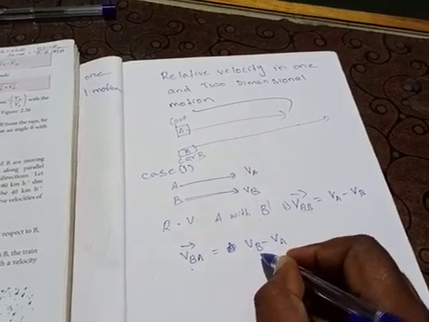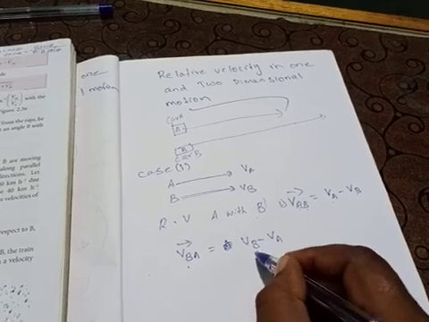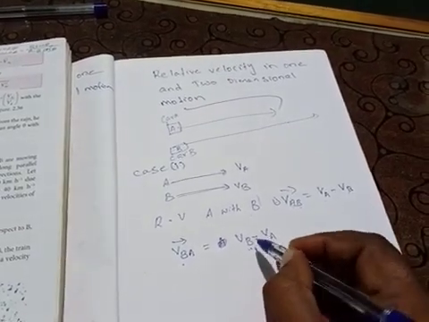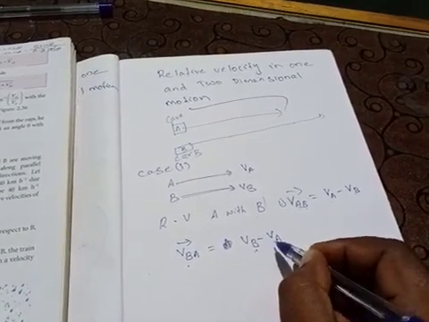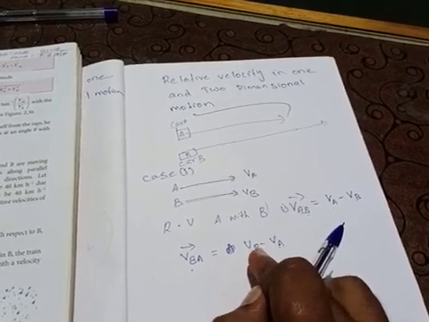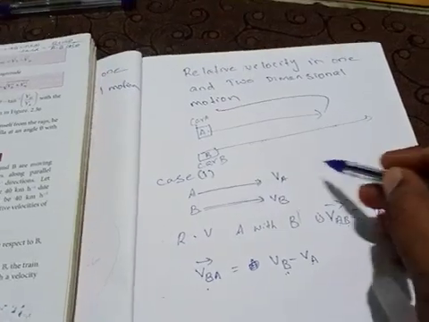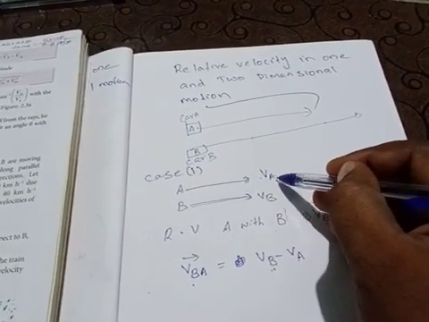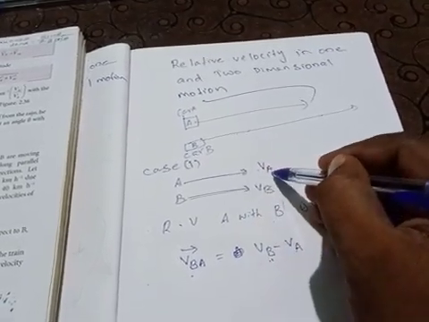How can you conclude this? If two objects are moving in the same direction, then the magnitude of the velocity of one object with respect to the other is equal to the difference in magnitude of the two velocities. The first case is two cars moving with velocities VA and VB on the same track.